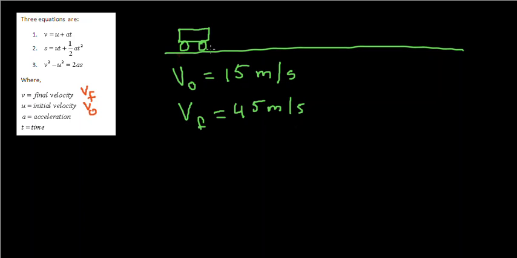So that means when he's starting off at 15 meters per second, he's going along down this road, and v final, he's at 45. And also our time is going to be equal to 6 seconds.